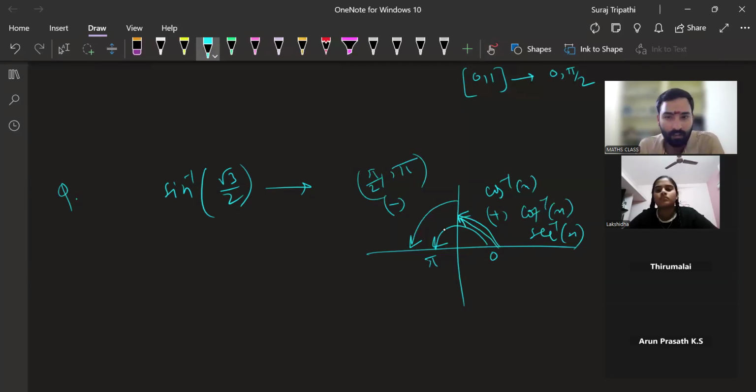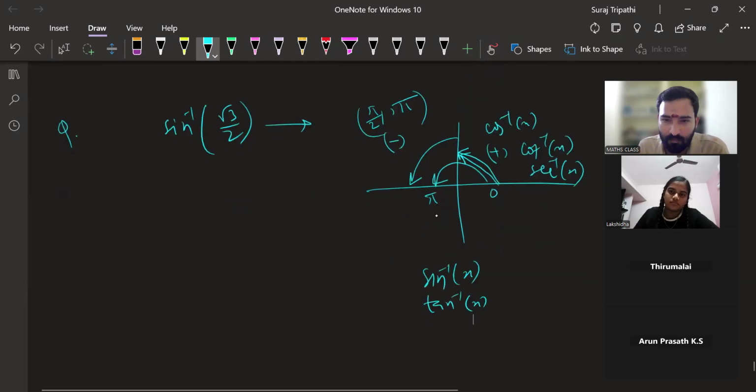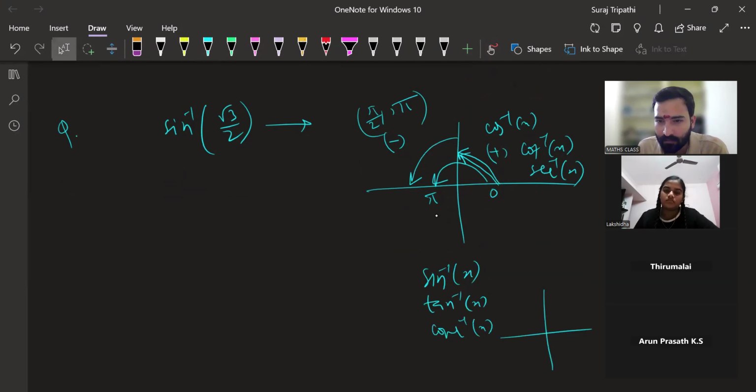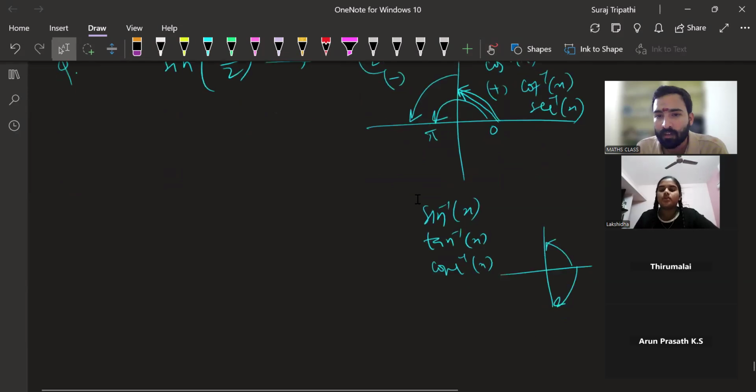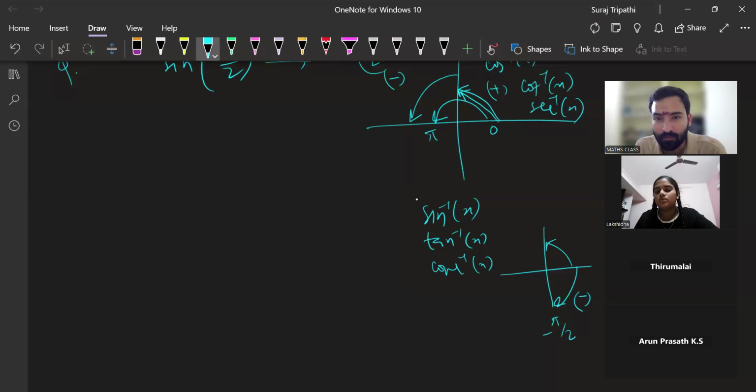In case of sine inverse x, tan inverse x, and cosec inverse x, angle will lie either in first quadrant or in fourth quadrant. If values of x are negative, then angle also will be negative, between 0 to minus pi by 2. If values of x are positive, then angle will lie between 0 to pi by 2. Angle also will be positive.